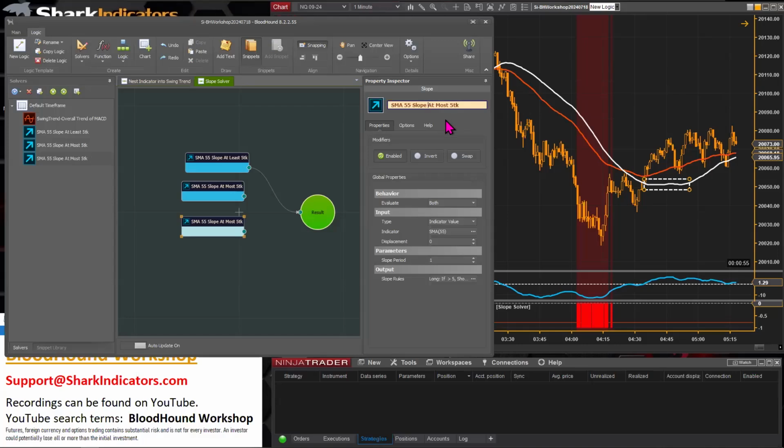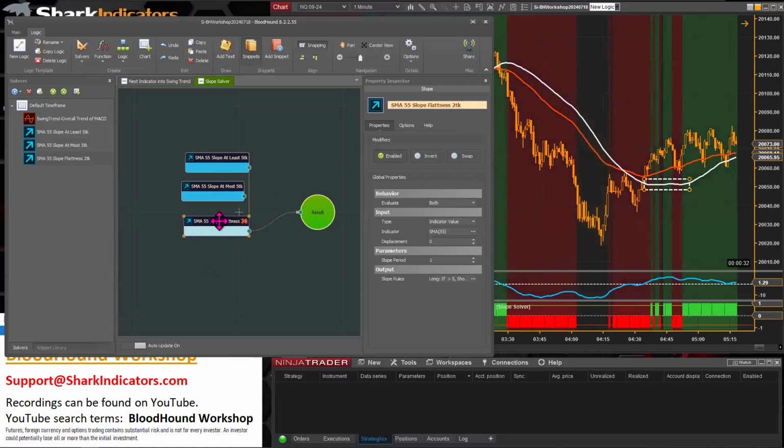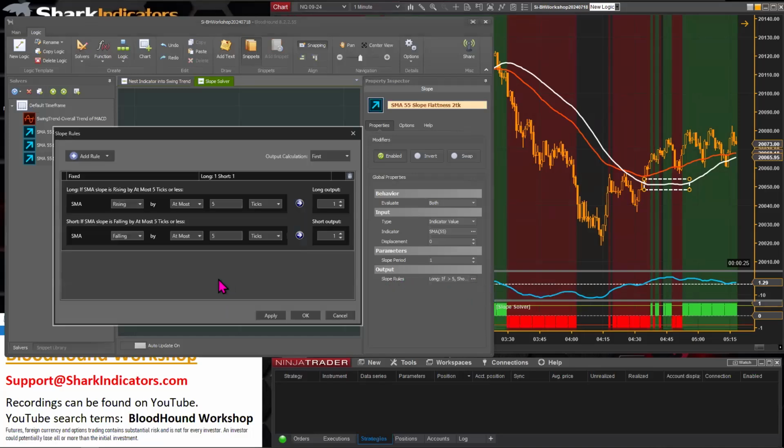All right, and this time we're going to look for flatness. I think I should probably start off with 2 ticks of flatness to get any kind of results here. All right, let's connect that up, and let's go into the slope rules there.